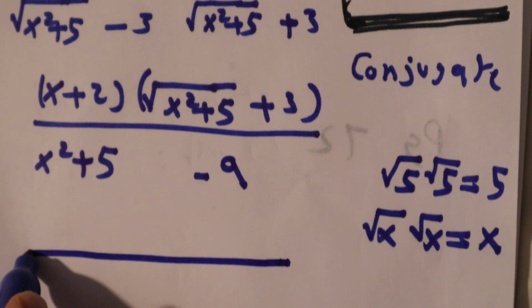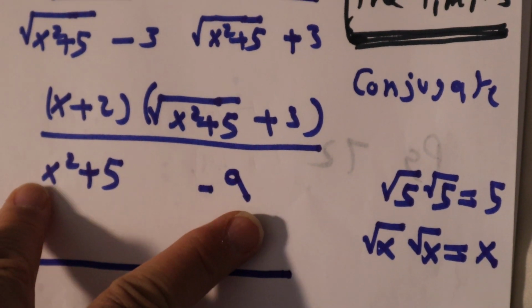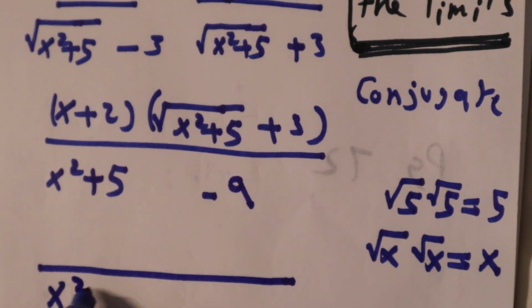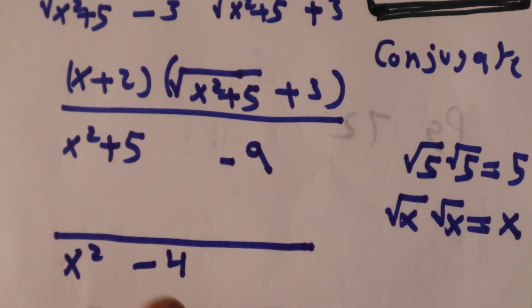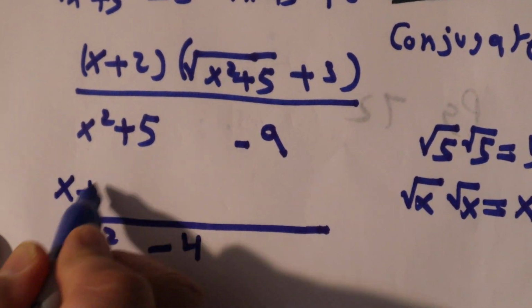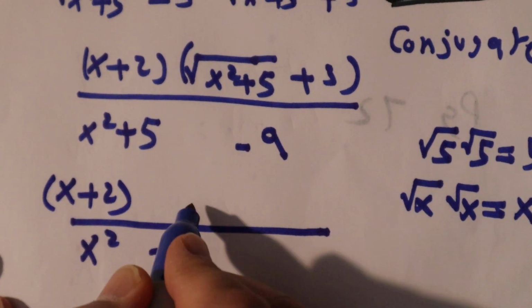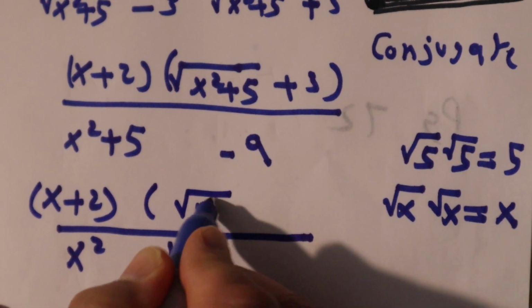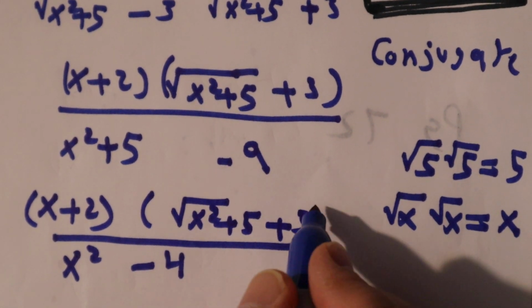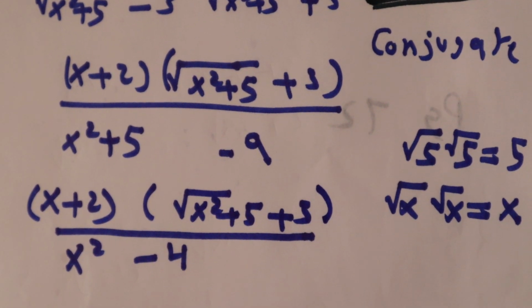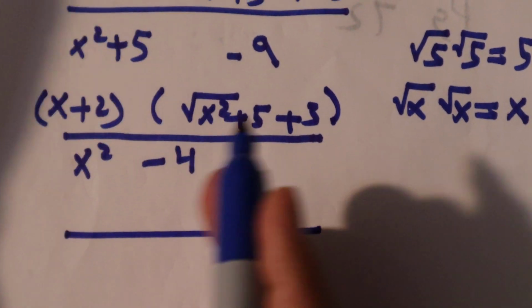Let's simplify the denominator more. It will be x squared, and 5 minus 9 is -4. We still have x plus 2 in the numerator times square root of x squared plus 5 plus 3. Another thing here, we need to cancel some items.